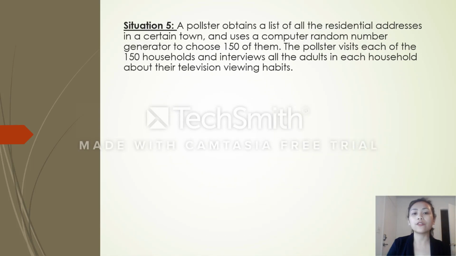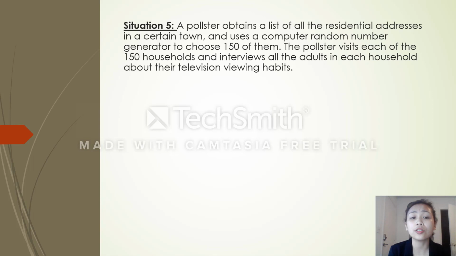Situation number 5. A pollster obtains a list of all the residential addresses in a certain town and uses a computer random number generator to choose 150 of them. The pollster visits each of the 150 households and interviews all the adults in each household about their television viewing habits. So here first they generate a random sample of 150 clusters.